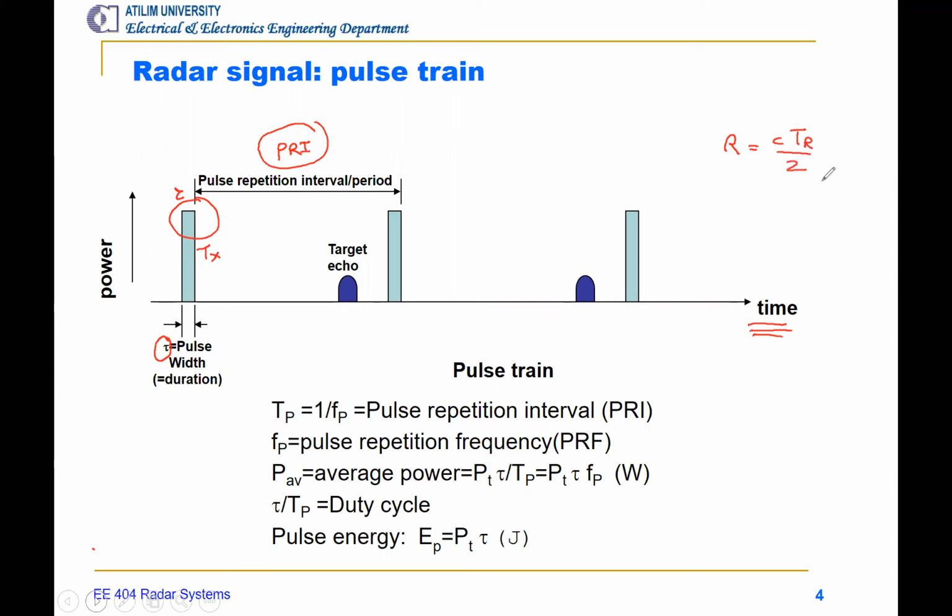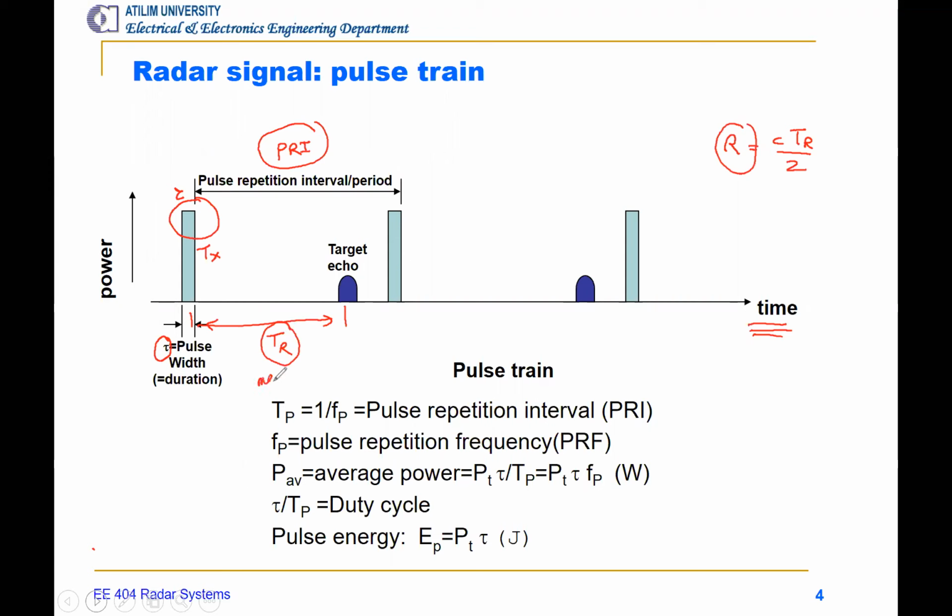So over time, the echo signal from this pulse will be at a delay of T_R. So, since we know this T_R, we can determine R.